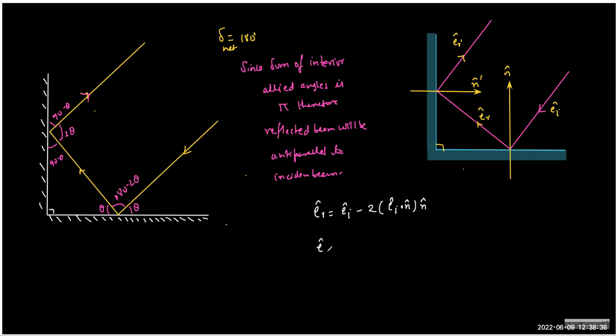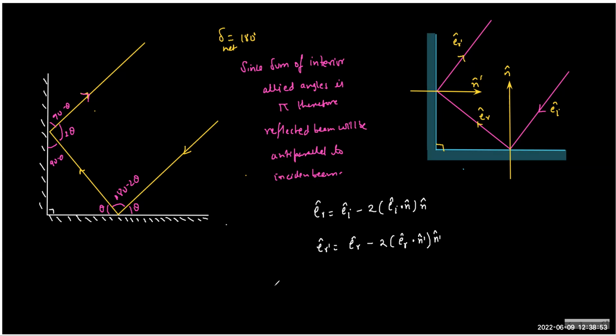And ER dash is ER minus twice of ER dot n dash into n dash.